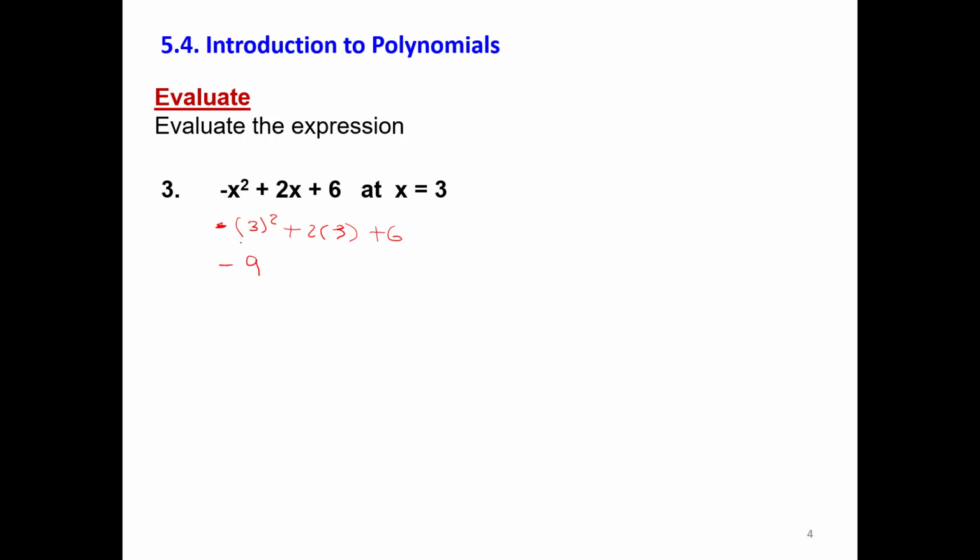Just be careful, the negative is not inside the parentheses, so we raise to the second power just the 3. 2 times 3 is 6, plus 6. Then we have negative 9 plus 12 equals 3.